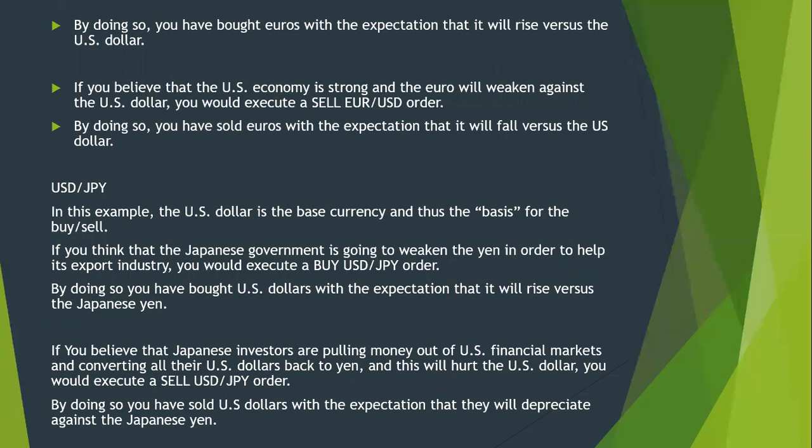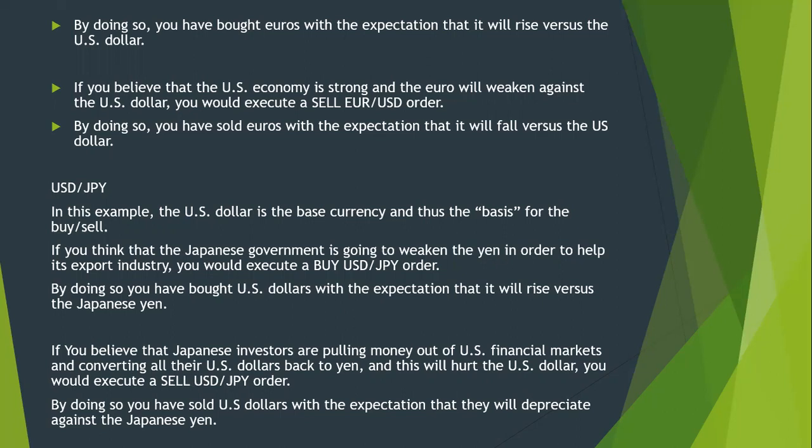USD/JPY is another example for today. In this example, the US dollar is the base currency and thus the basis for the buy or sell. If you think that the Japanese government is going to weaken the yen in order to help its export industry, you will execute a buy USD/JPY order. By doing so, you have bought USD with the expectation that it will rise against the Japanese yen.